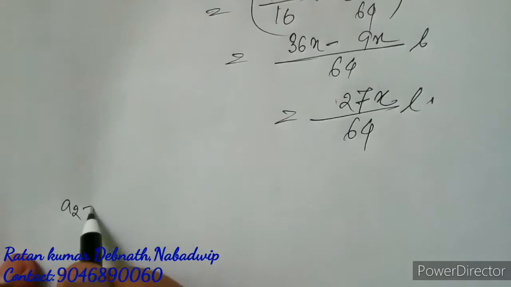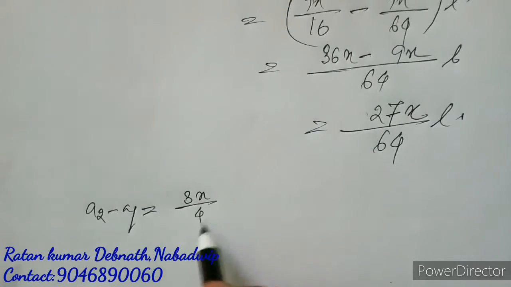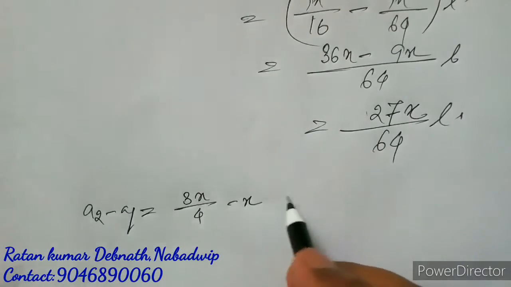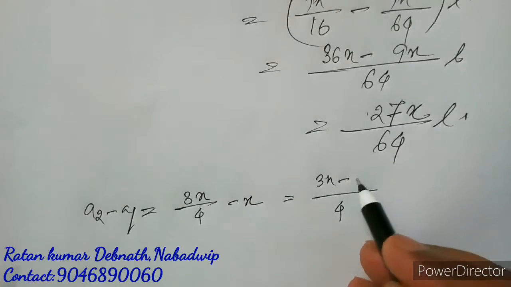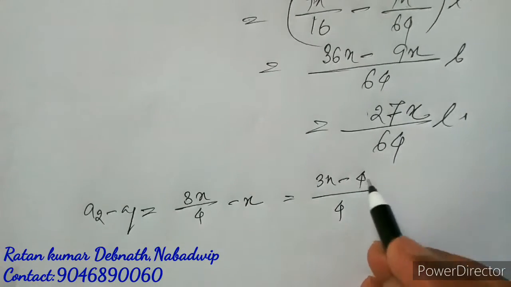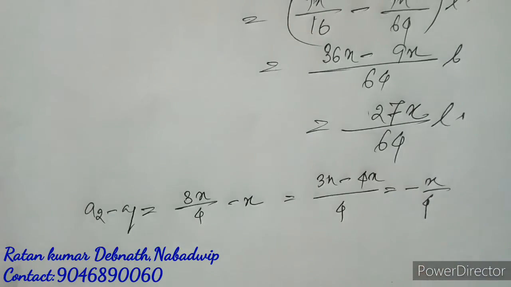Now A2 minus A1 equal to 3x by 4 minus x, 3x minus 4x by 4, minus x by 4.